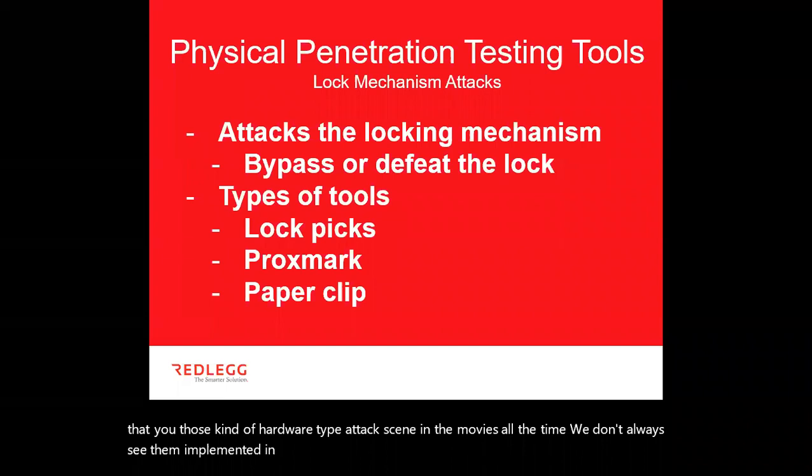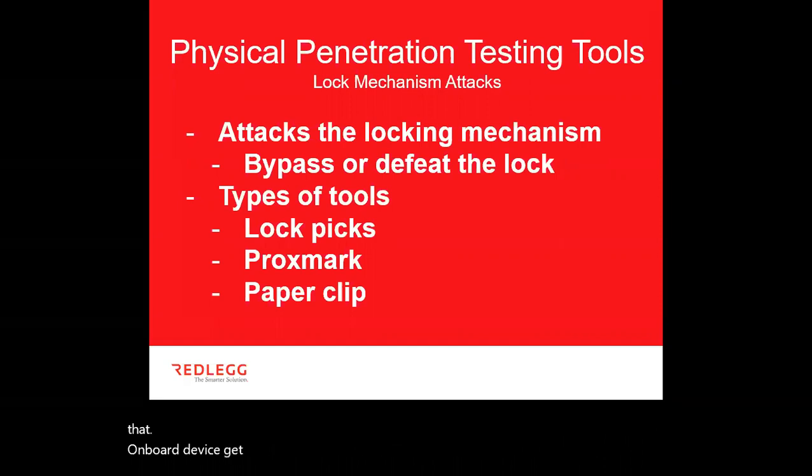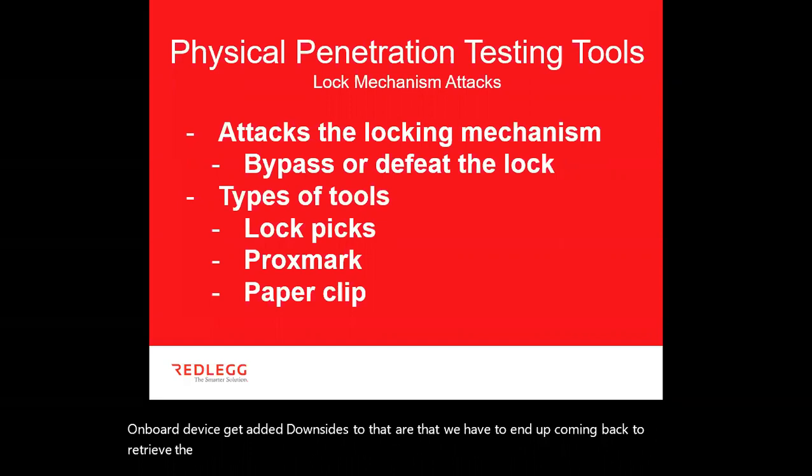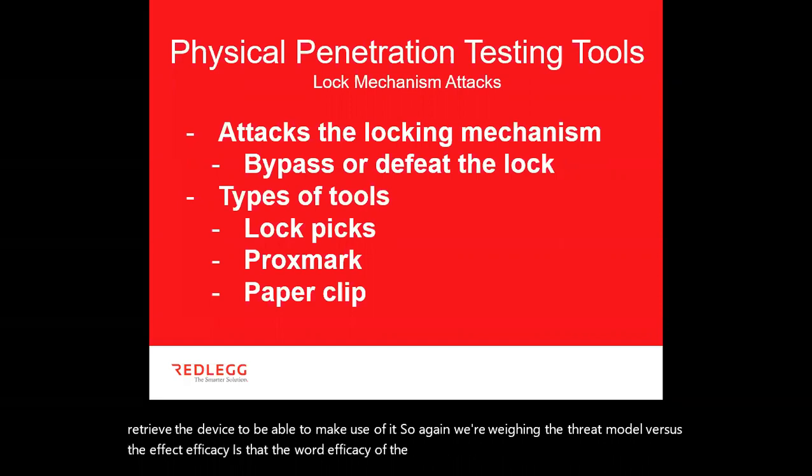And with the BLE key, this is one where we actually see that onboard device get added. Downsides to that are that we have to end up coming back to retrieve the device to be able to make use of it. So again, we're weighing the threat model versus the efficacy of the tool, and trying to work all of that in to meet the proper threat model.